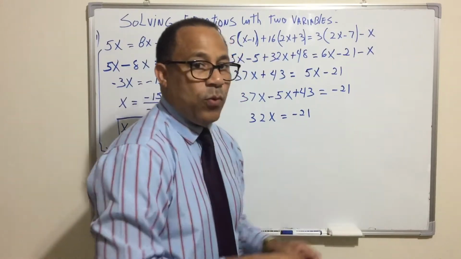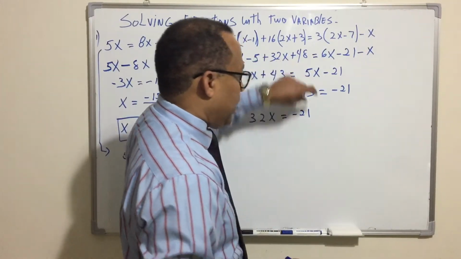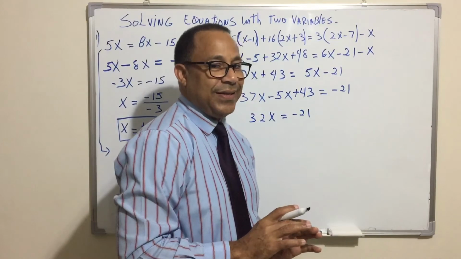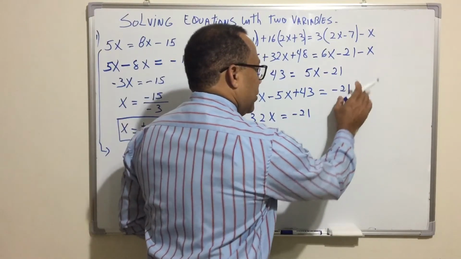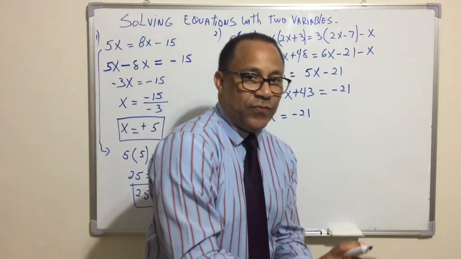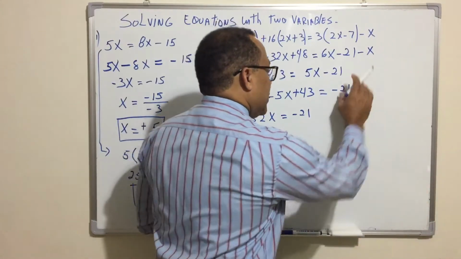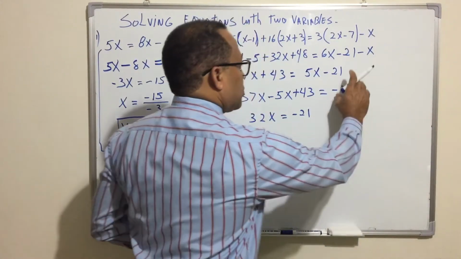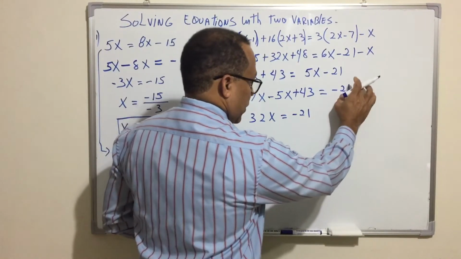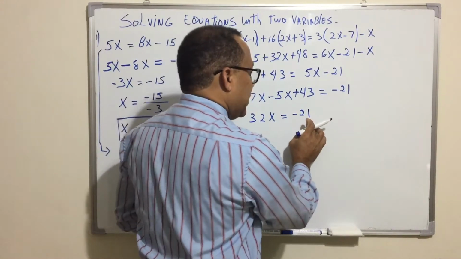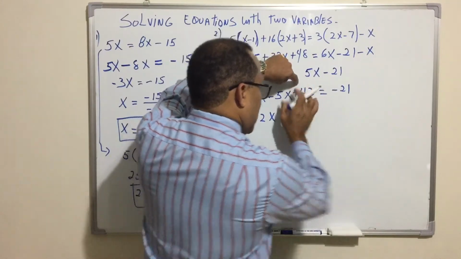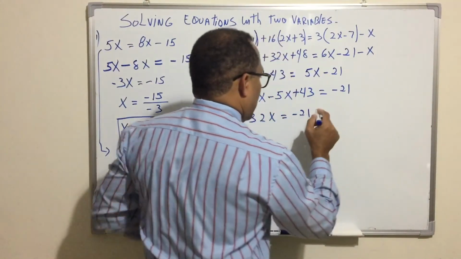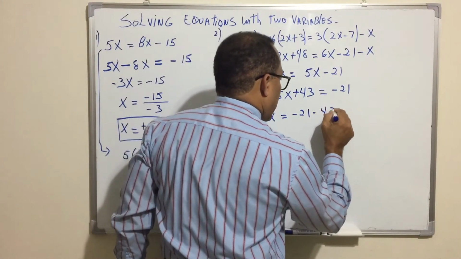Since the one that I'm moving is the 43, it's always wise to bring down the number that is waiting for the other one to come. So you just bring down this one first, and then you move the other one. So I just brought down the negative 21, here it is, with its own sign, and then I'm moving this 43 to the right side. This will be negative 43.